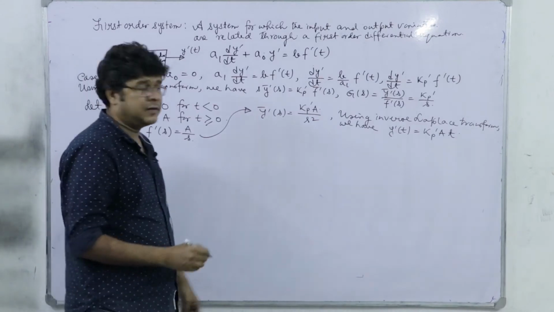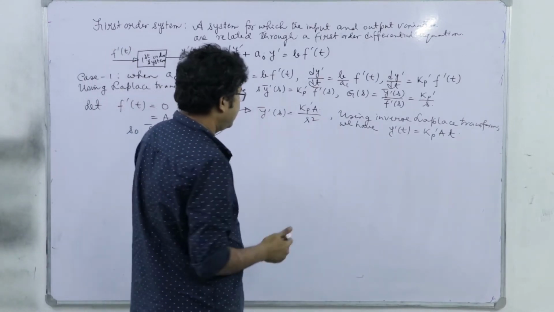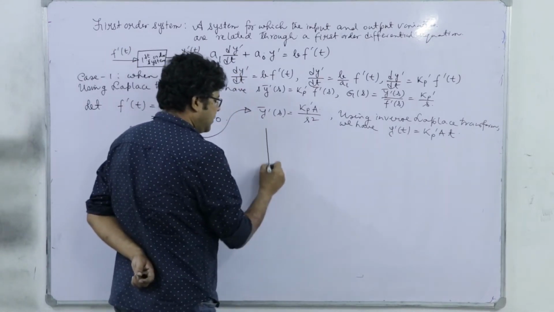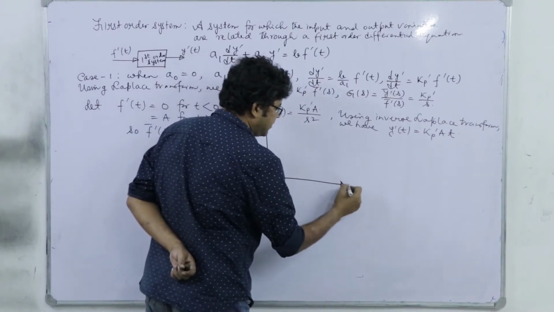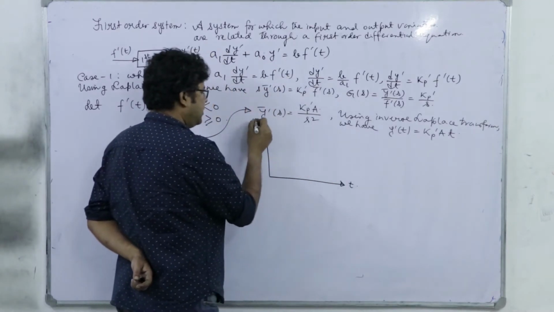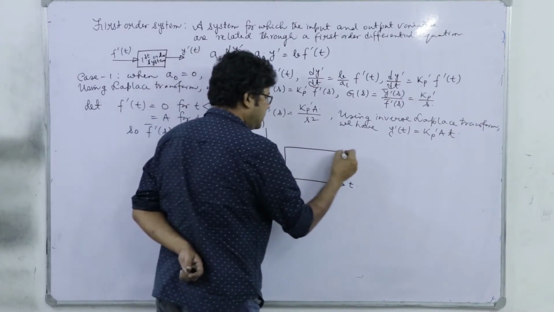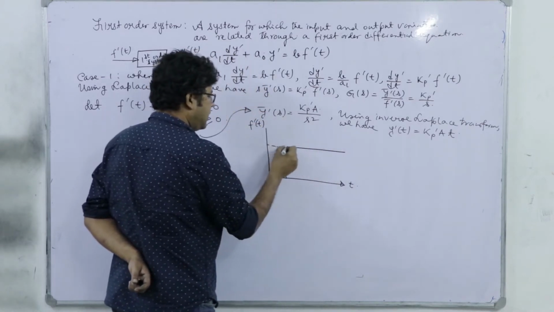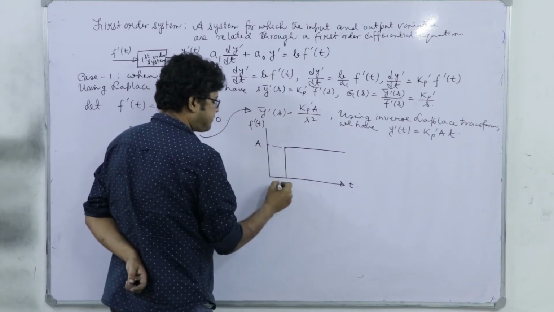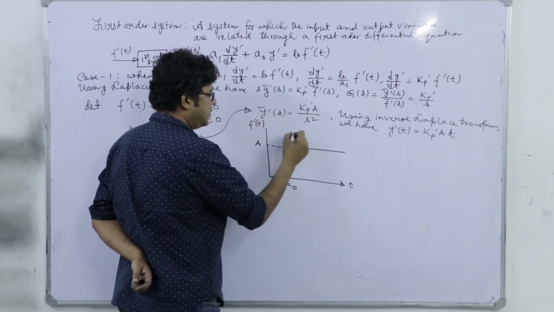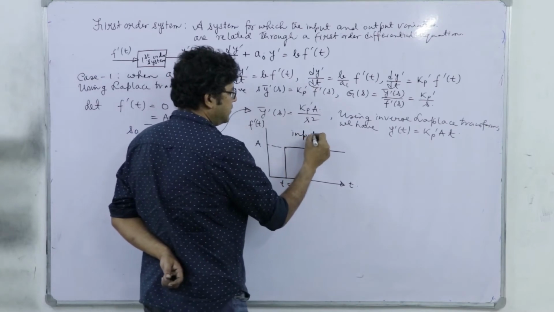Now that is the dynamic response of that system, it is linear. So what is actually happening? Try to understand. Here f prime t is the variation of the input. Step, and step height is a, and this is t equal to 0. So this is the input function.